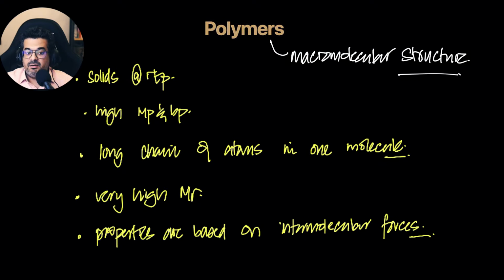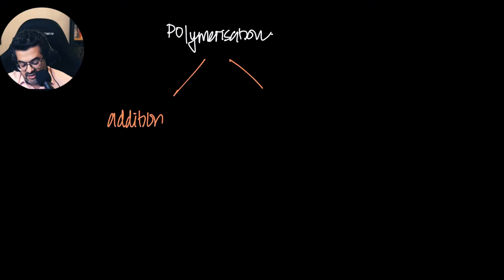Now, what we're going to do is make them. There are two different ways to make polymers. The process of making polymers is called polymerization. And we make it one of two different ways: either via addition polymerization, or via condensation polymerization.